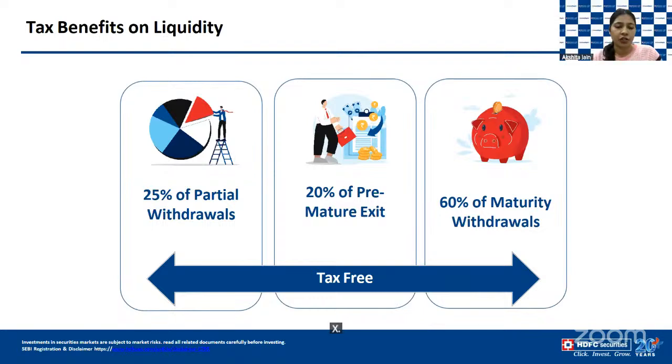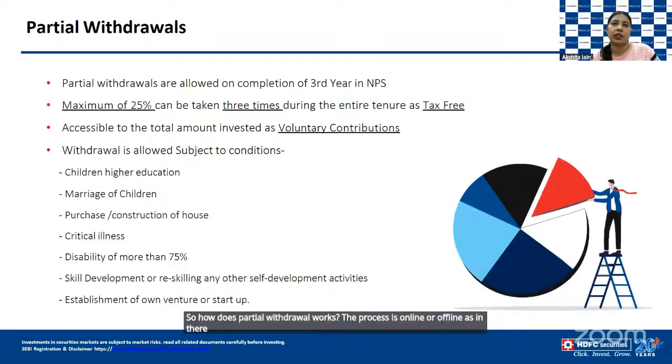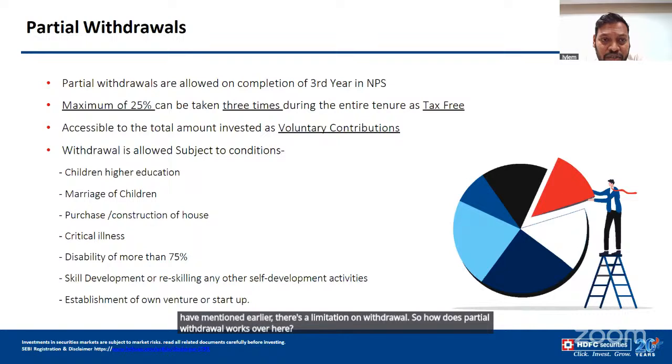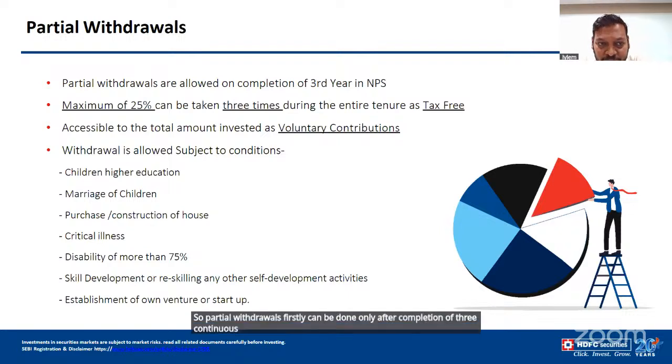So how does partial withdrawal work? Is the process online or offline? As you have mentioned earlier, there's a limitation on withdrawal. So how does partial withdrawal work over here? So partial withdrawals, firstly, can be done only after completion of 3 continuous years of participation in NPS.